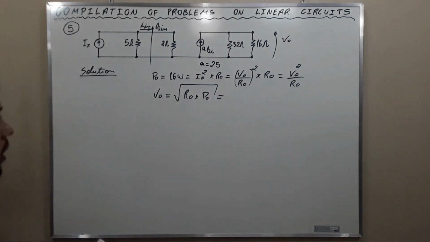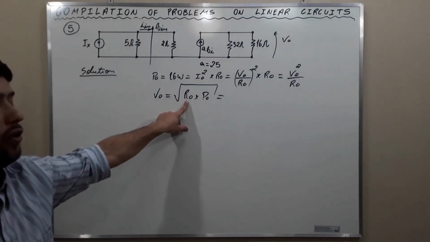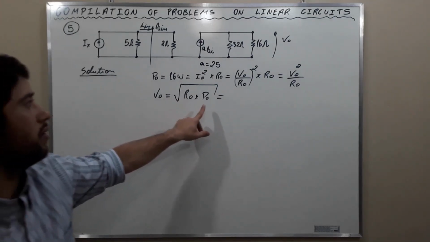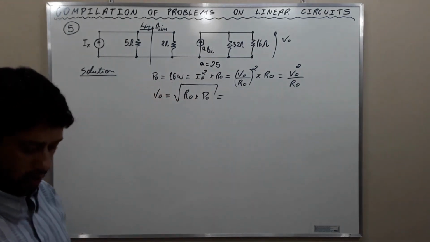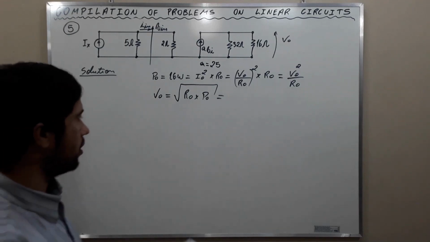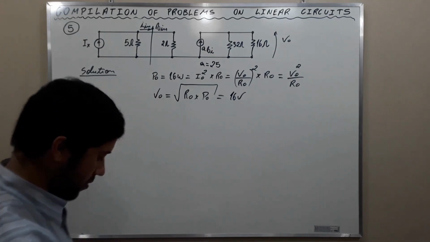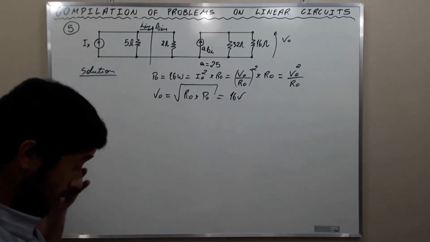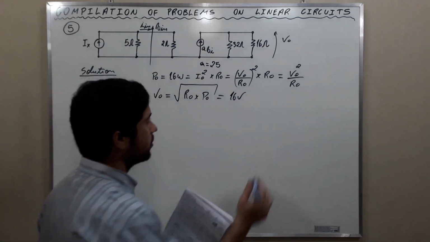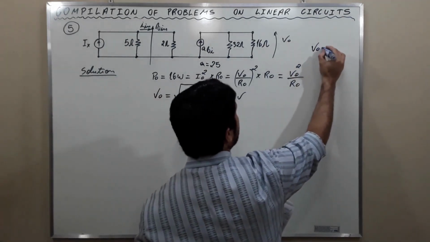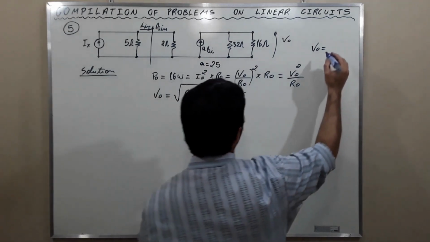Using the values, instead of RO, I use 16 ohms, and instead of PO, I use 16 watts. And of course, we find 16 volts. We already found this 16 volts.